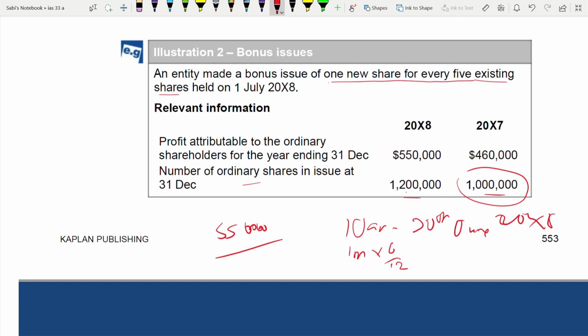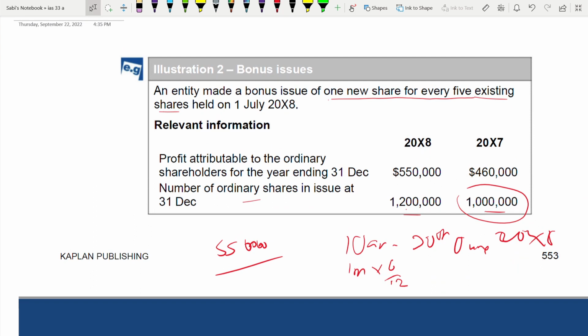It was a 1 for 5 bonus issue. What is it? 1 new share for every 5 existing. So you need to multiply this with 1 for every 5. That means it will be 6 over 5. With 5, you are adding 1 more.